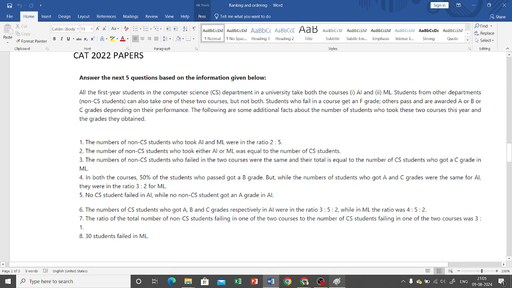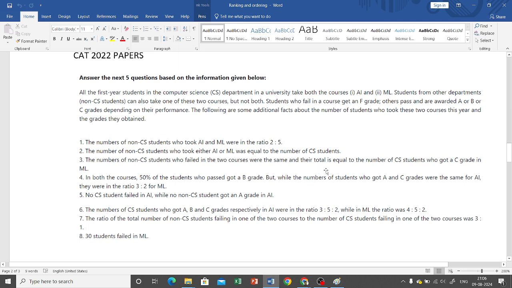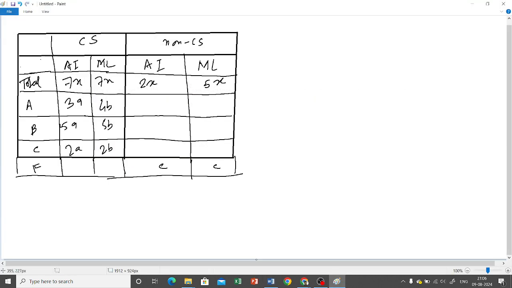So if I take this one C, this will also be C, because it is given that they were the same, and their total, that means 2C, is equal to the number of CS students who got C grade in ML. So CS C grade ML. So that means 2B is equal to 2C, right?